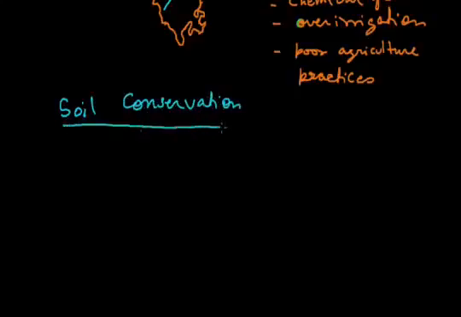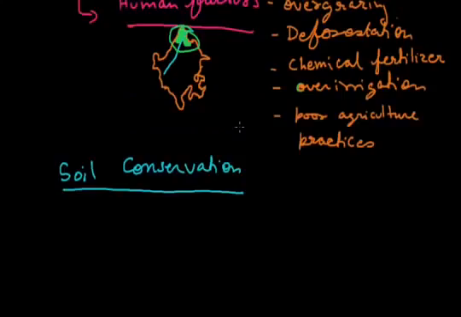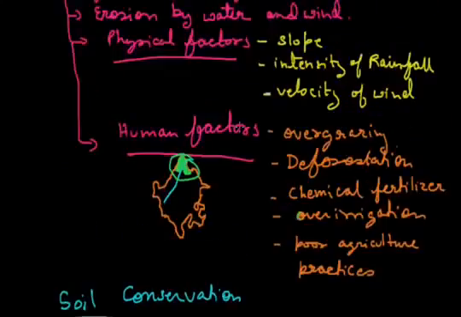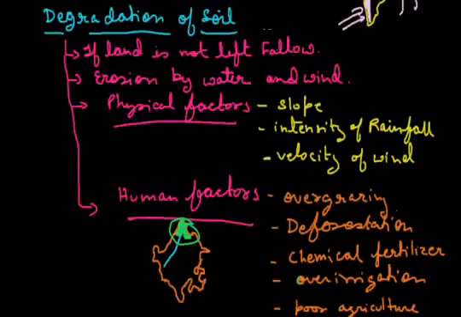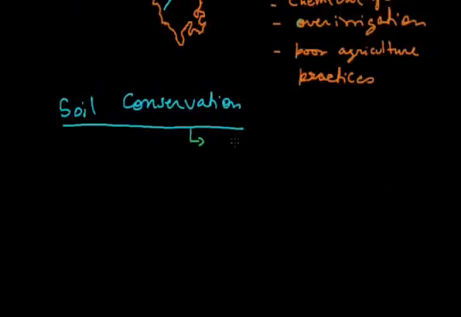As I already told you, in the last part of each topic we have to discuss how to conserve that thing. So in conservation, obviously for all the points which come here we have to use the opposite points, like afforestation, which means to plant more trees.